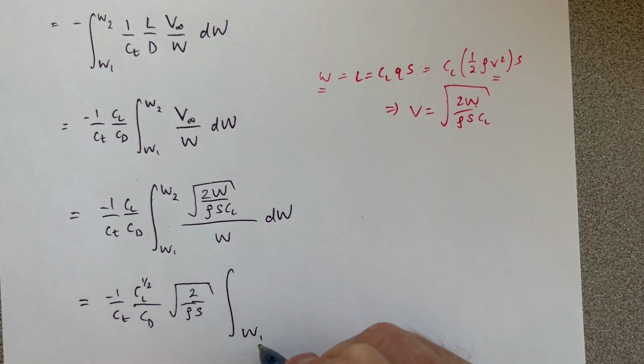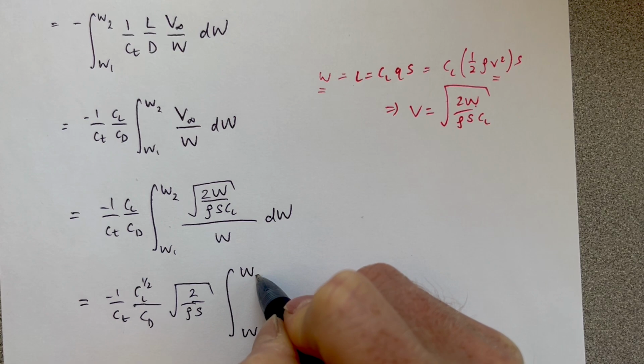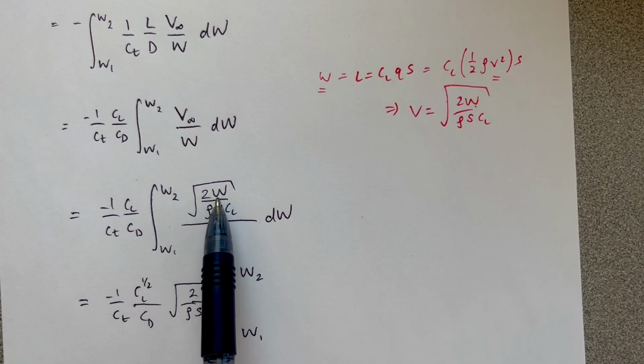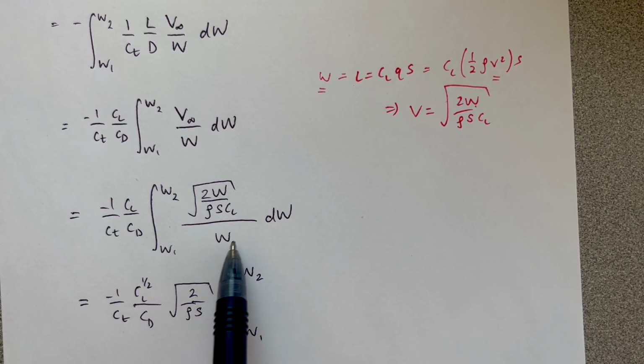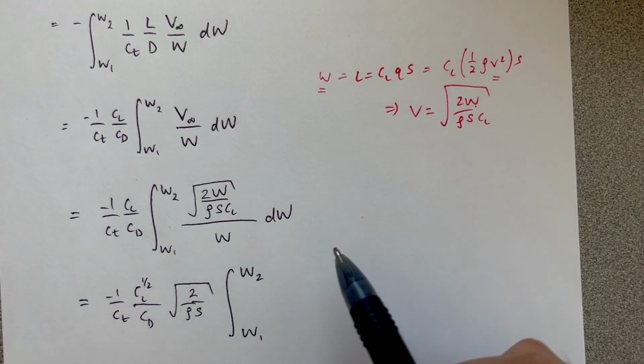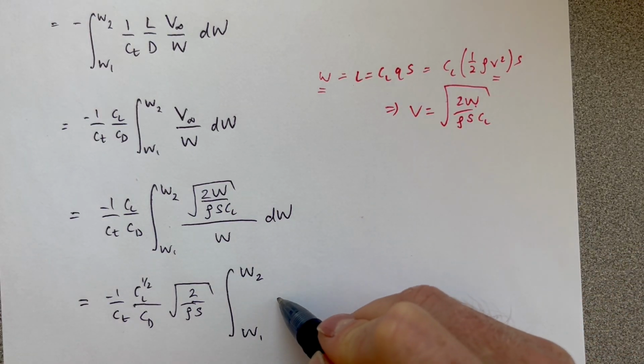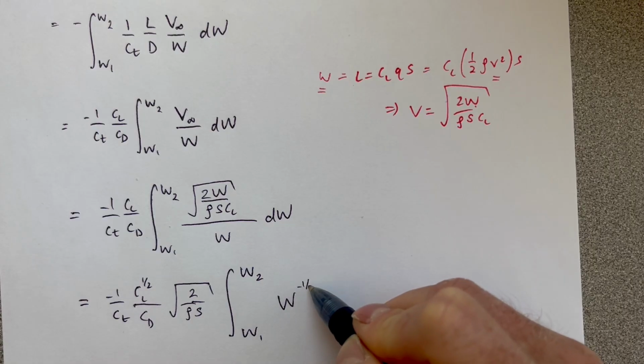And then inside the integral now, I should have a square root of W in the numerator over W in the denominator. So that will just give me 1 over the square root of W, or if you prefer, W to the minus half.